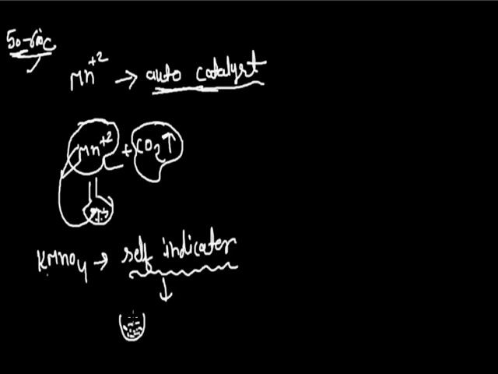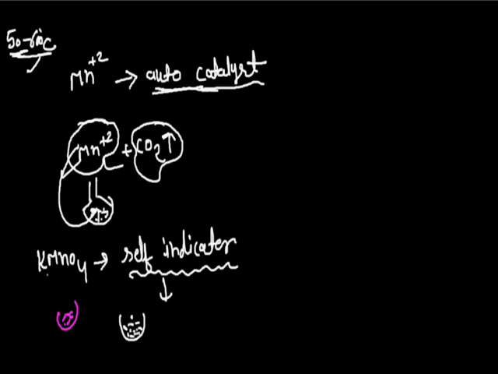And as we know, the color of KMnO4 depends upon its dilution or concentration. A highly concentrated solution of KMnO4 is deep violet, and a very dilute solution of KMnO4 becomes a light pink color.